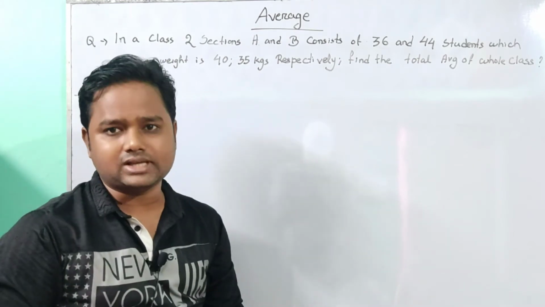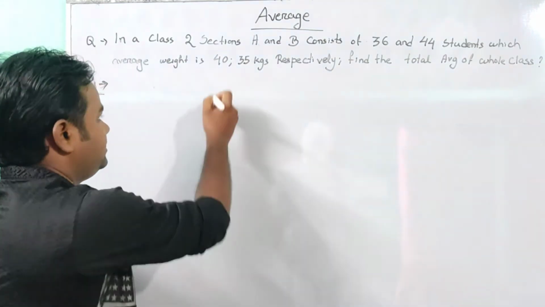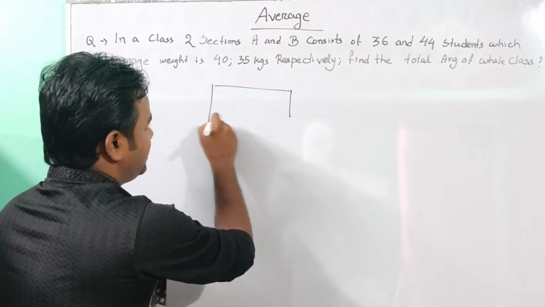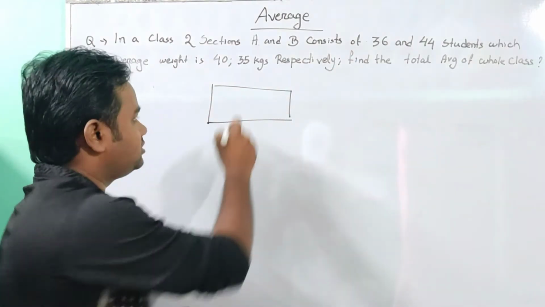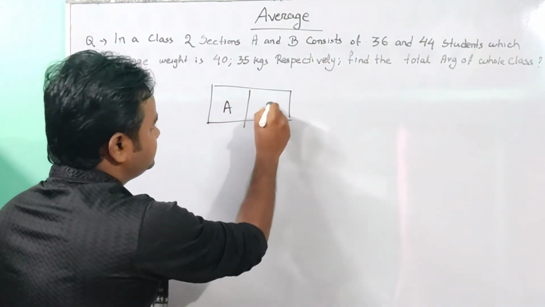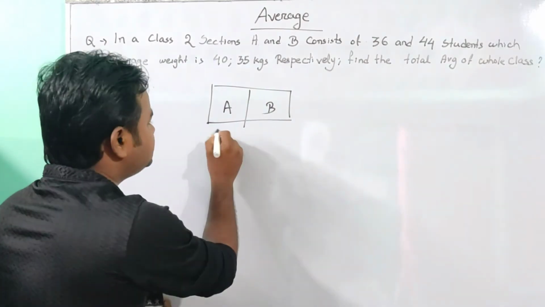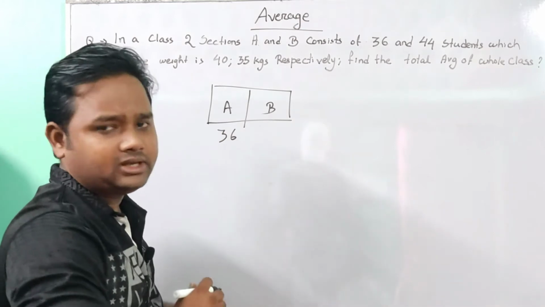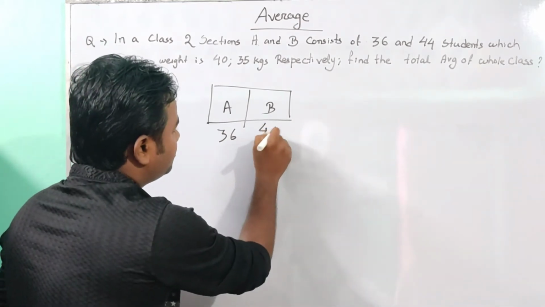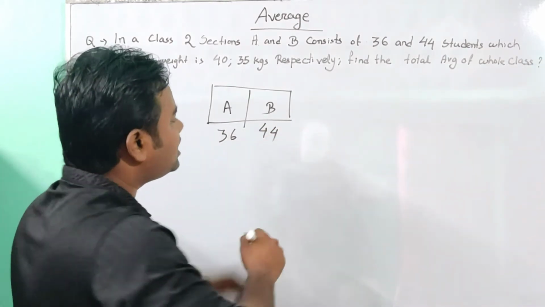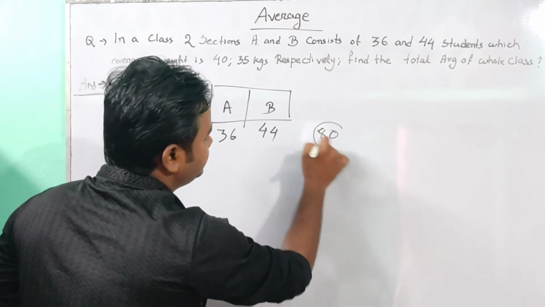In this question a class is given, and this class consists of two sections, section A and section B. In section A the number of students is 36, in section B the number of students is 44. So the total number of students will be 80.